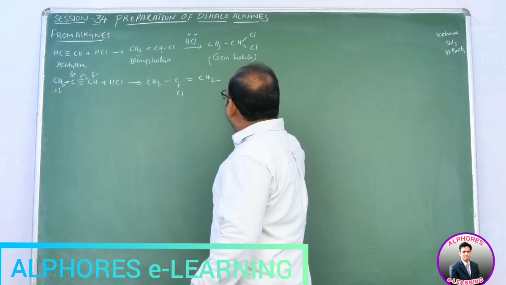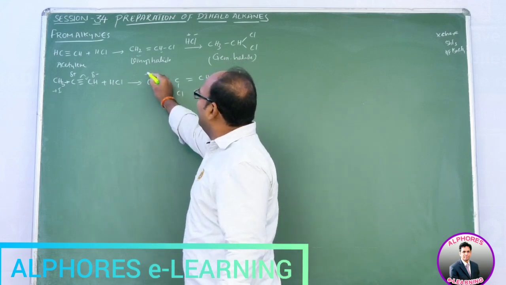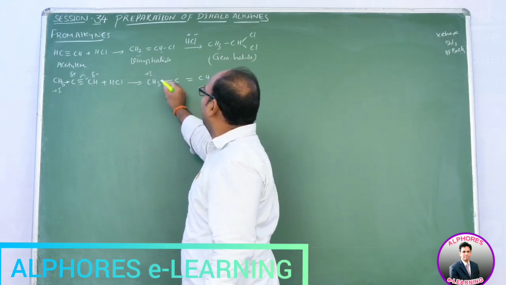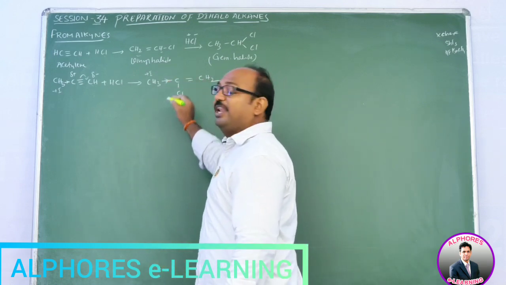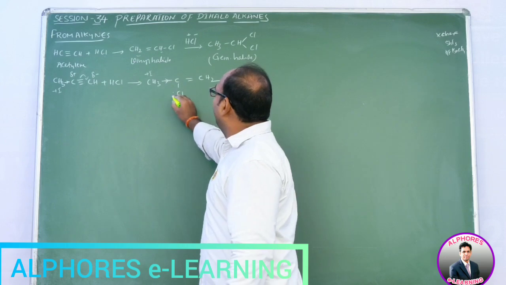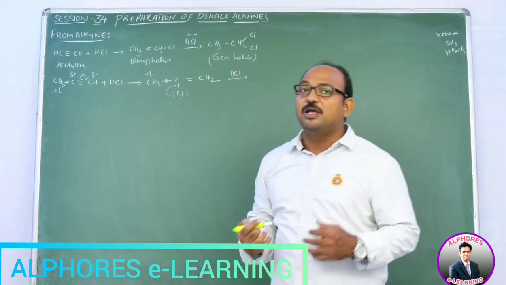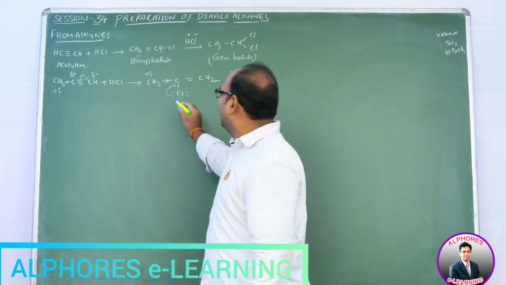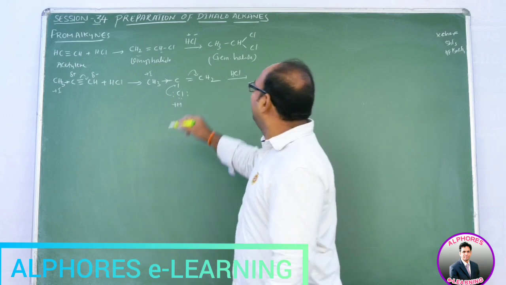Now upon addition of a second HCl molecule, this CH3 is again a plus I group. It releases electrons towards this carbon, and moreover this is a vinylic halide derivative. In vinyl halides, chlorine containing a lone pair is involved in plus M effect. Because of its plus M effect, pi electrons are shifted towards this carbon.